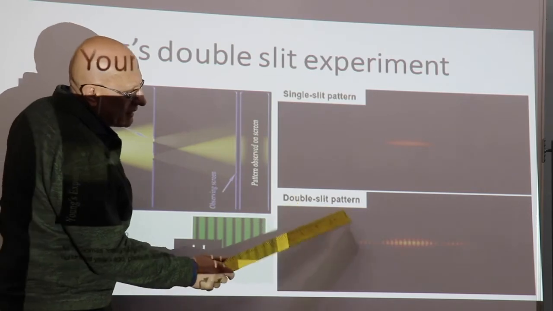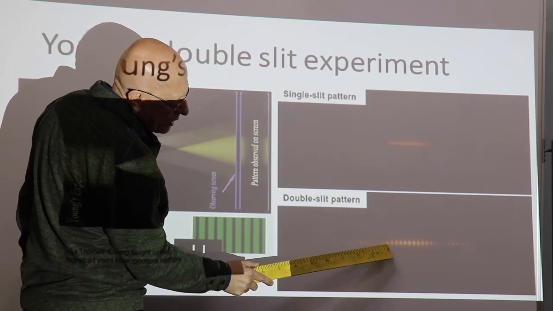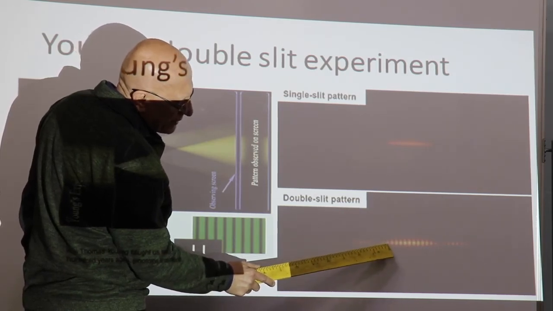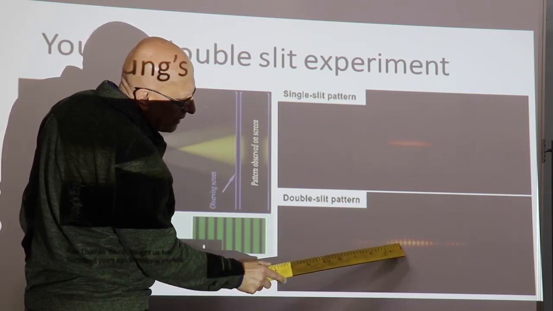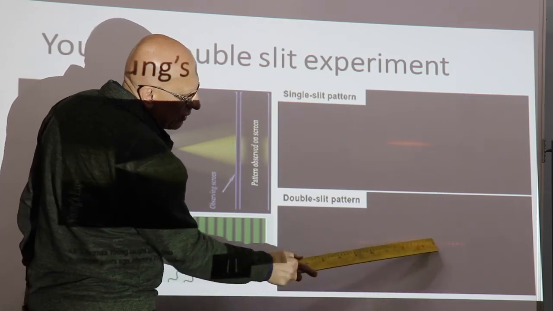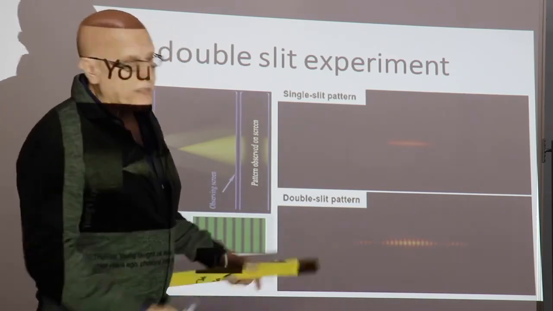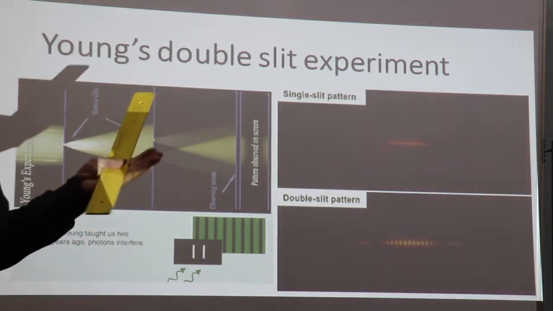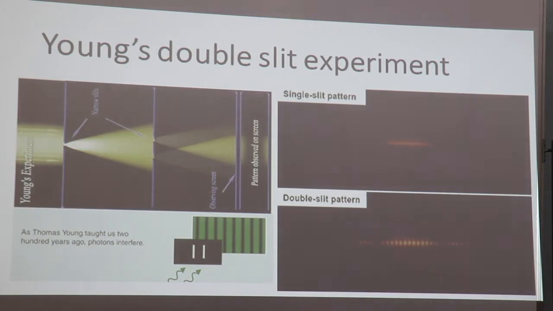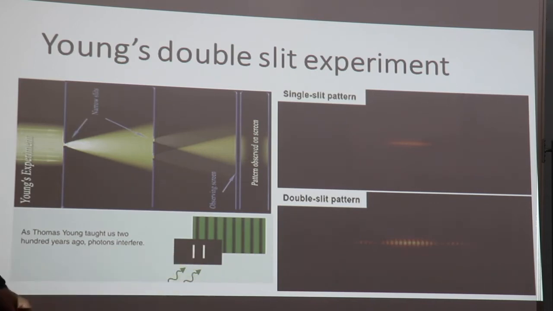But here in the double slit pattern, in Young's double slit experiment, notice you have a bright fringe, dark fringe, bright, dark, bright, dark, and so on till the end. So there is a difference in the superposition of the waves coming from 1 slit or from 2 slits.